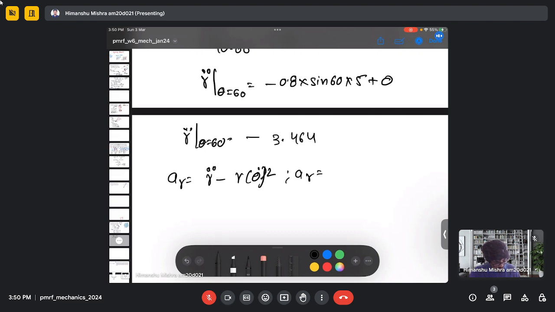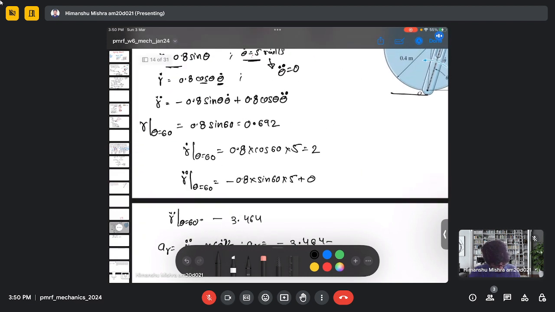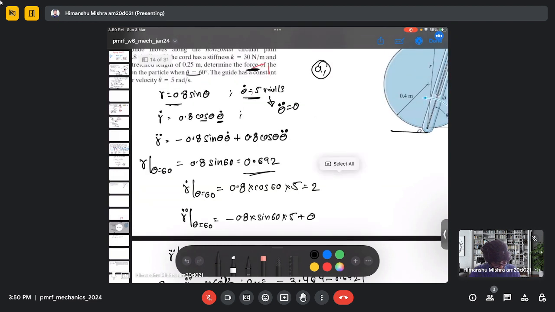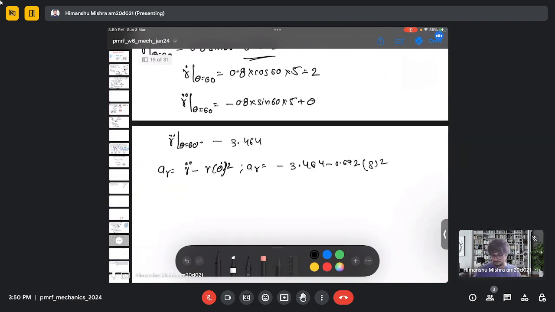So my r double dot will be minus 3.464, my r is 0.692, and my theta dot squared is 5 squared. So my a_r will be minus 20.94.